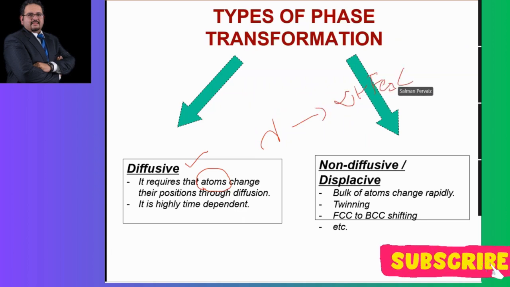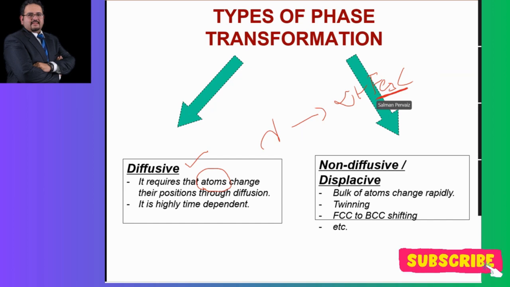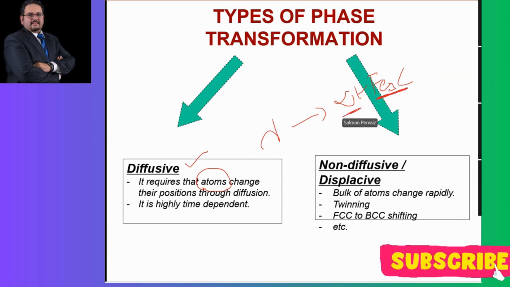Remember that I told you the carbon atoms readjusted, and they start giving you the cementite, which has more carbon than the alpha region, which has less carbon. So this is called diffusive. This is coming from diffusion, right? Chapter number 5, atomic movement.